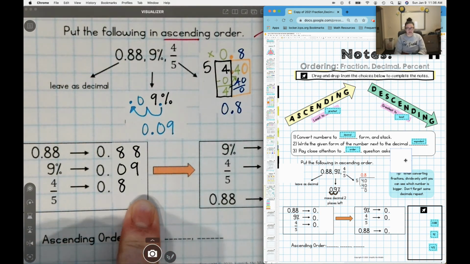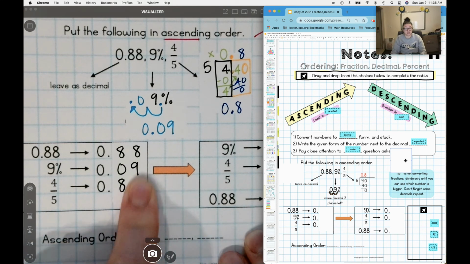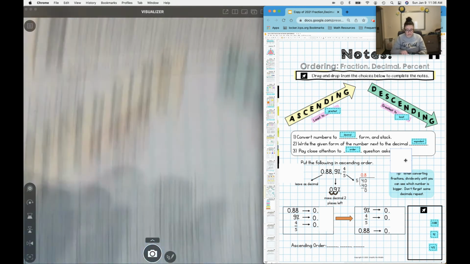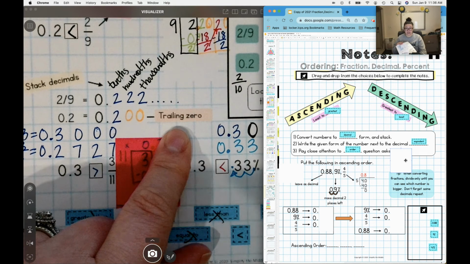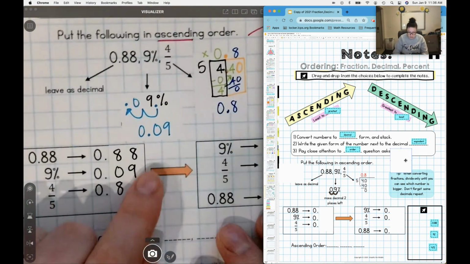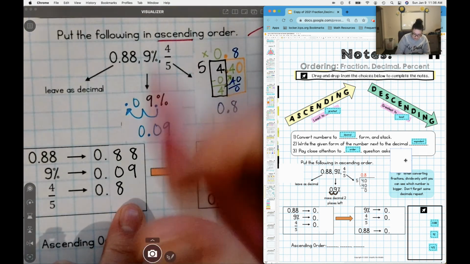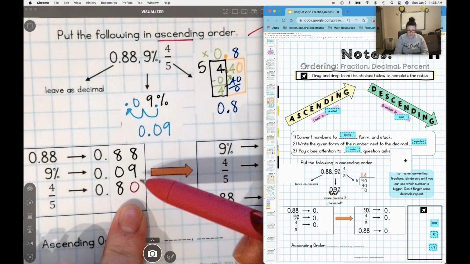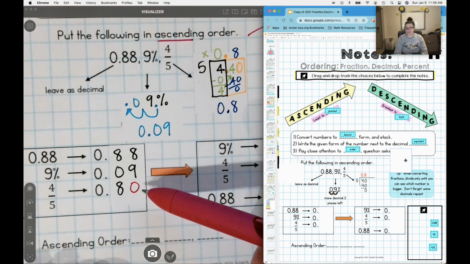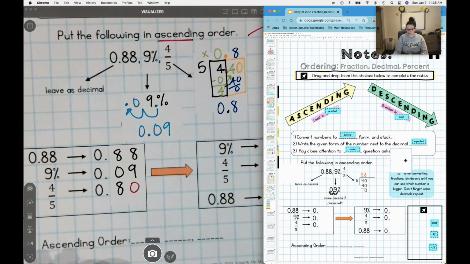But what did we add in that last set of notes to help us out to compare them? Because 9 looks bigger than 8, but we want to add that trailing 0 at the end to help us compare place value. Let's add that trailing 0 here because 9 compared to 80, those are two very different things. Place value is huge.